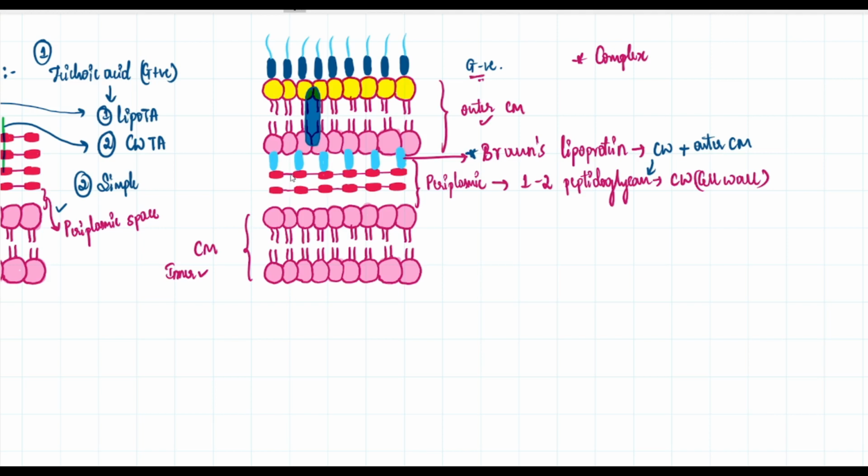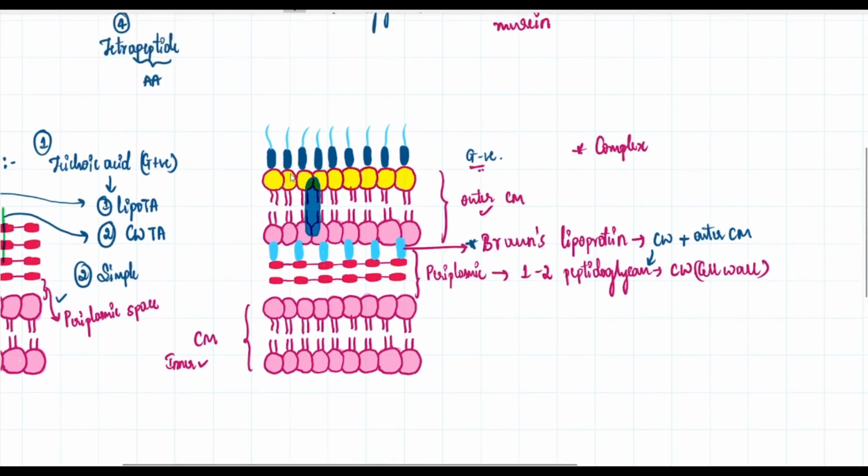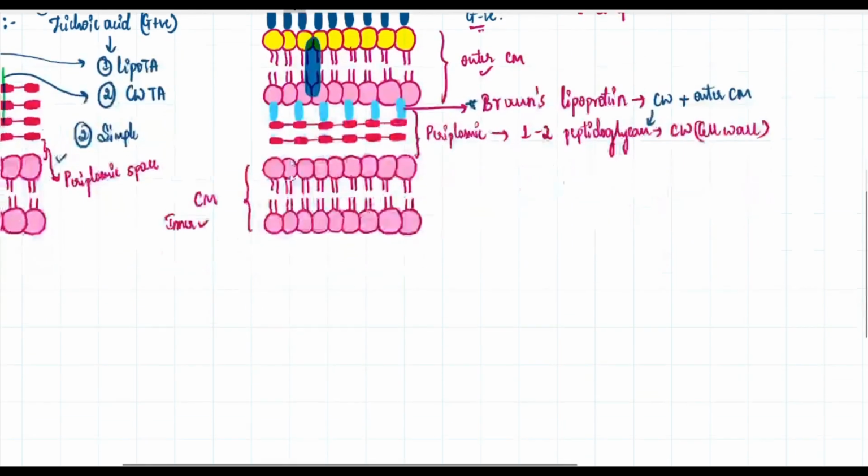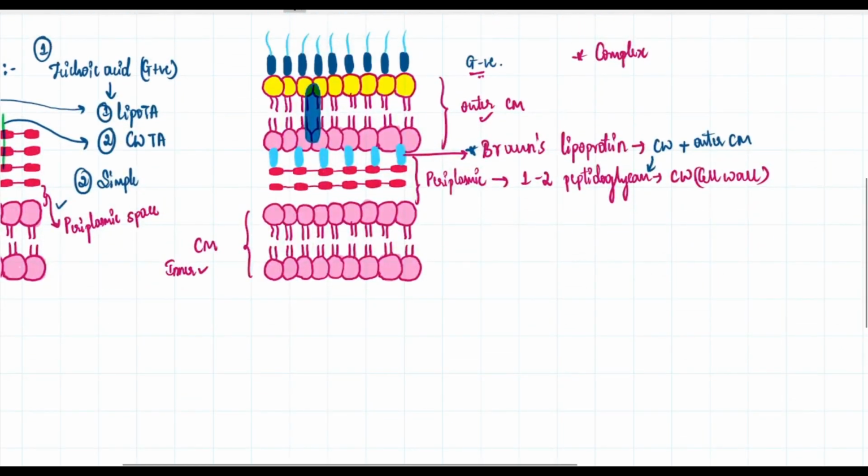Next, in gram negative bacteria, you can see a separate layer called LPS. What is this? Lipopolysaccharide.